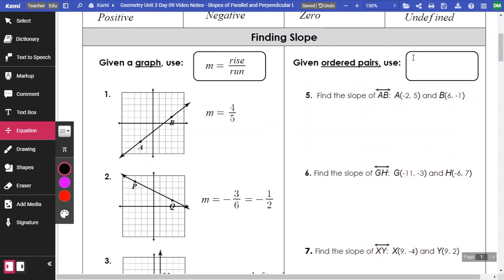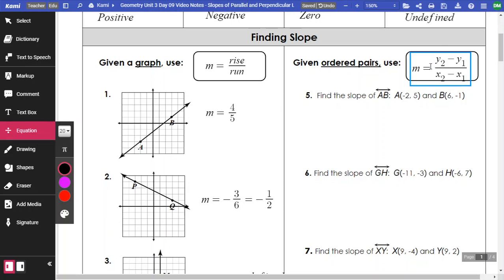Okay, when given ordered pairs, we've got a slope formula, which is just a fancy way of saying rise over run. So what we have here is M is equal to y sub 2 minus y sub 1 over x sub 2 minus x sub 1.